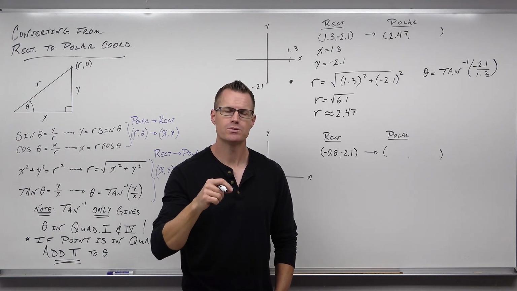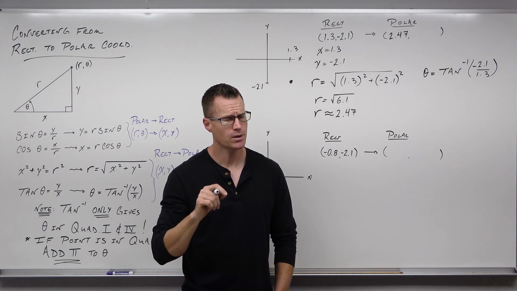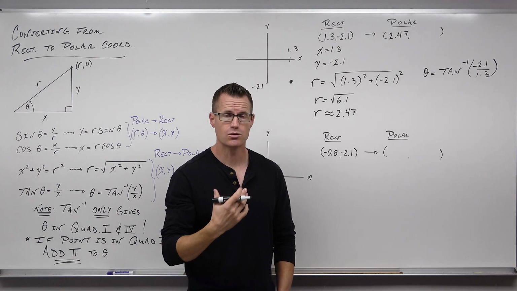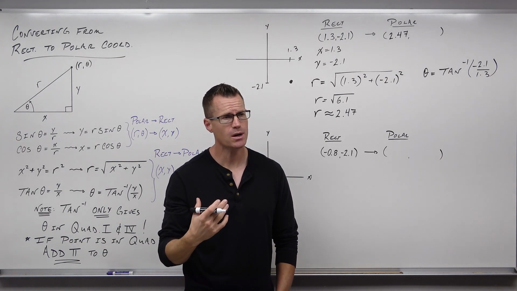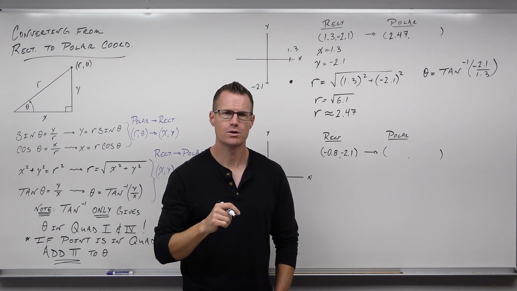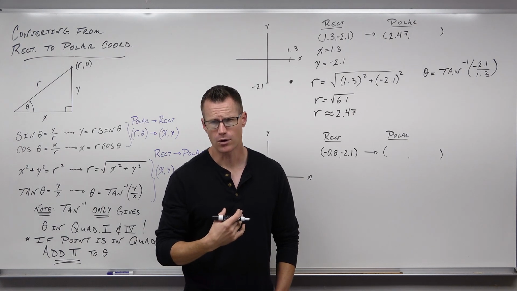Make sure that you are in radians if you're going to represent this in radians, or degrees if you're representing degrees. Most of the time we pick radians, and we add pi as 3.14 or 2 pi as 2 times 3.14 to make sure that we're in the right location for our quadrants.